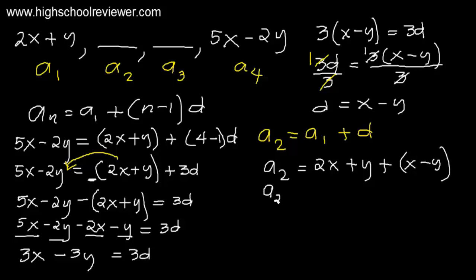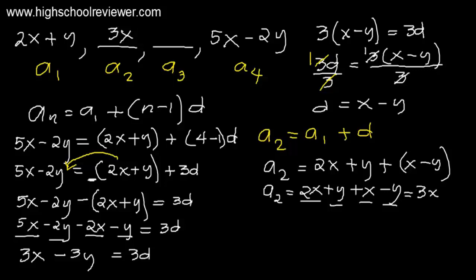So A sub 2 now will be equal to 2x plus y, positive multiplied by positive, this will be positive x, positive times negative y, negative y. So we will have here 2x plus x, this will be 3x. And then positive y minus y is 0. So our A sub 2 is positive 3x.